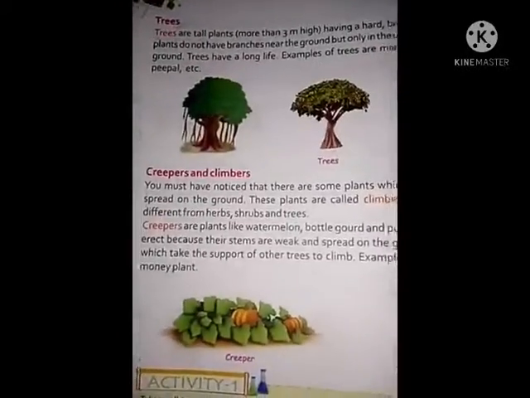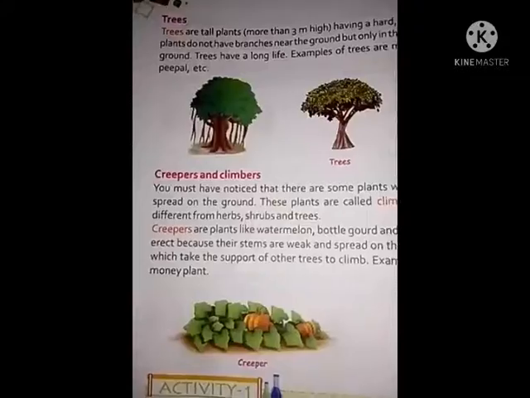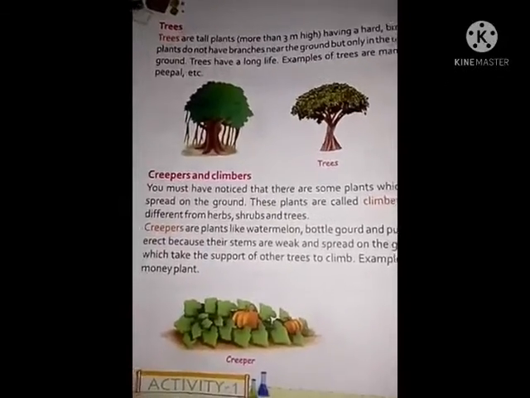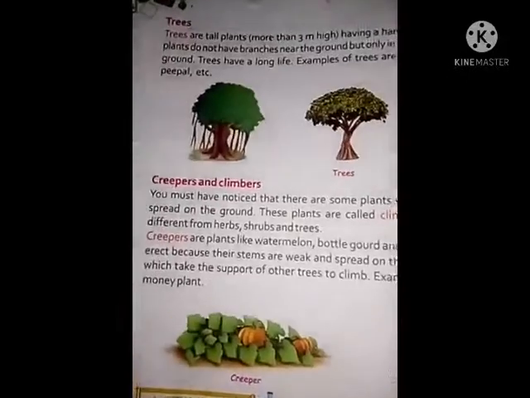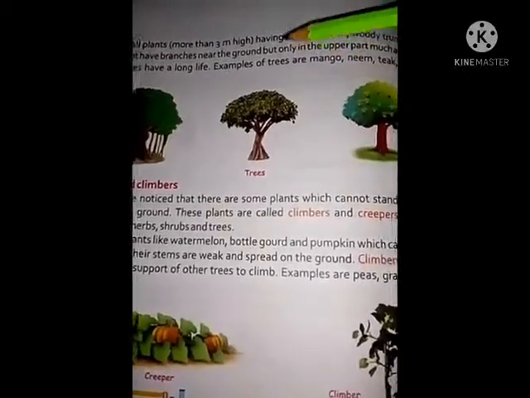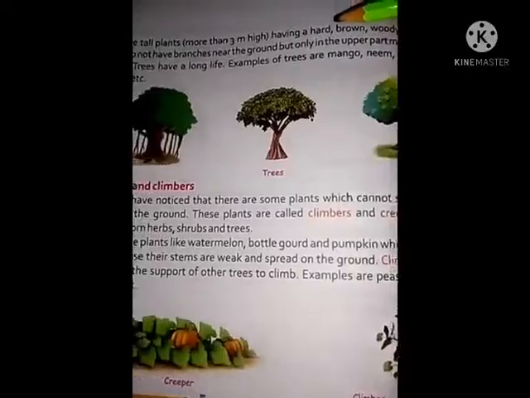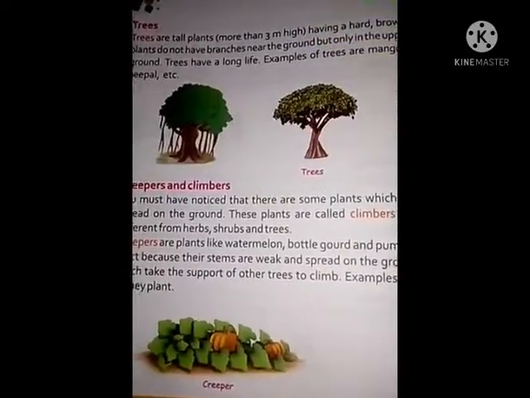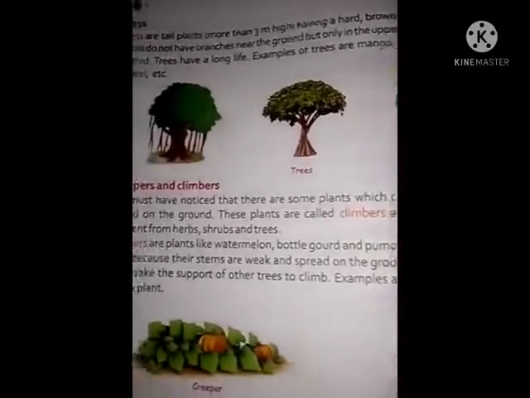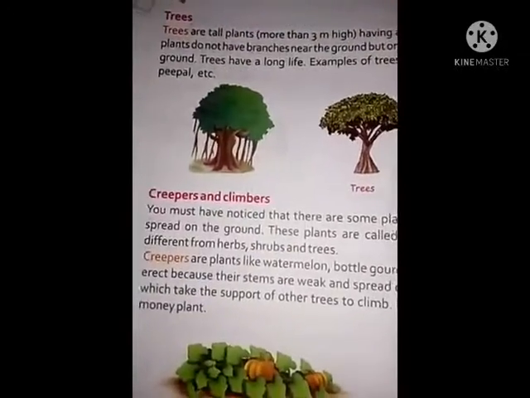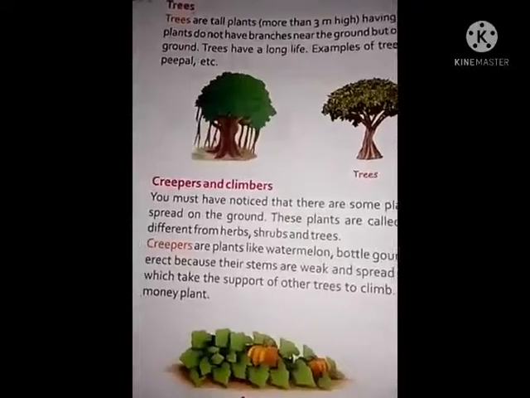So in case of shrubs we have read that the shrubs have branches near the ground, but in case of trees, the branches are not near the ground but only in the upper part much above the ground.